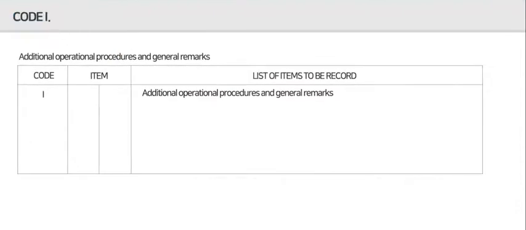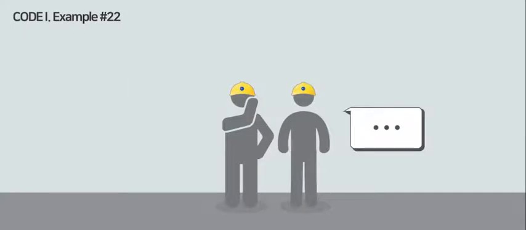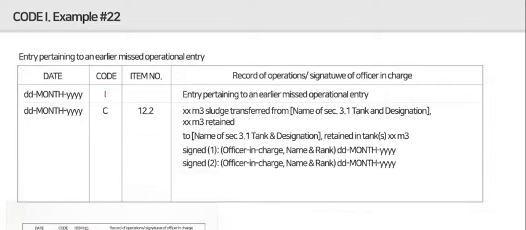Code I. Additional operational procedures and general remarks are recorded using code I. Let's take a look at an example to learn how to write in detail. Example 22. In case of an entry pertaining to an earlier misoperational entry, record the entry pertaining to the earlier misoperational entry using code I, and then record the missed entry.